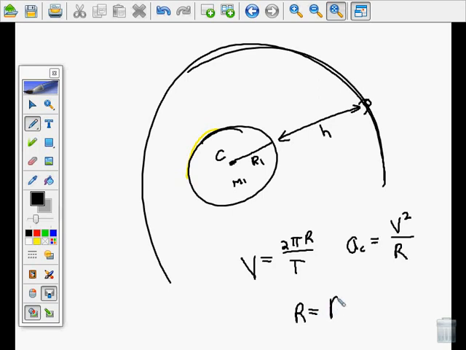R plus h. Oh, the larger one is R plus h. So for the satellite, this r right there and that r right there would be the sum of the radius of the planet plus the height above it.